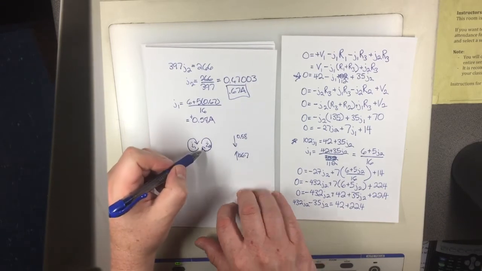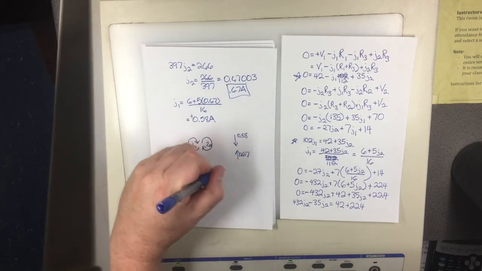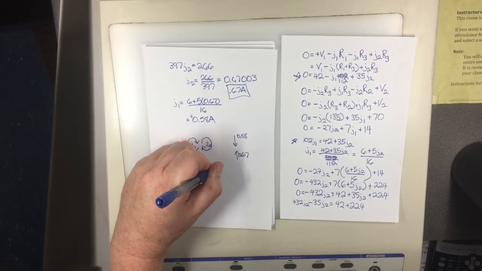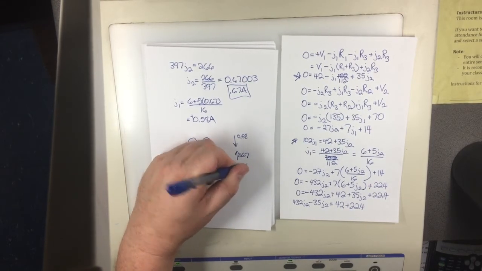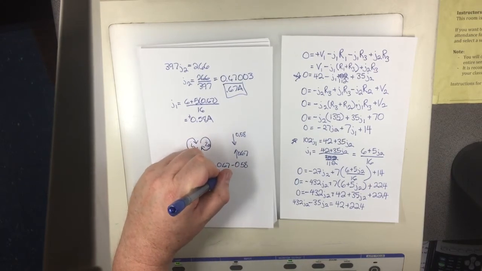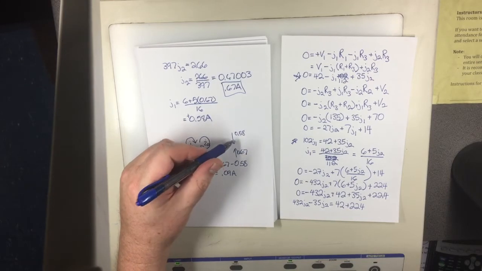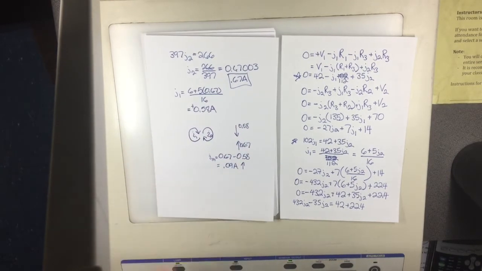The 0.67 comes from I2. The 0.58 comes from I1. So we're going to get I in the middle to be the bigger one minus the smaller one. 0.09 amps. And since 0.67 is bigger than 0.58, the current goes from bottom to top.